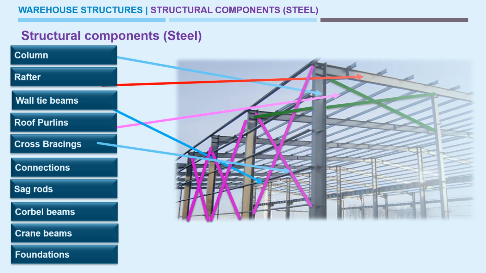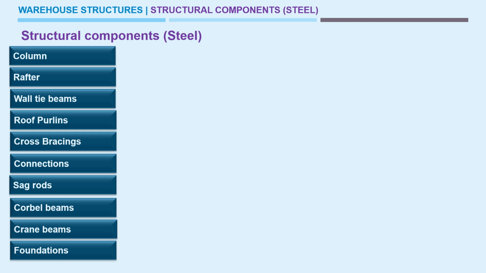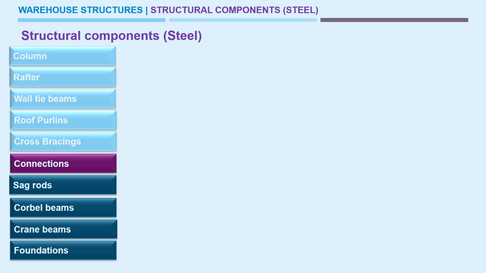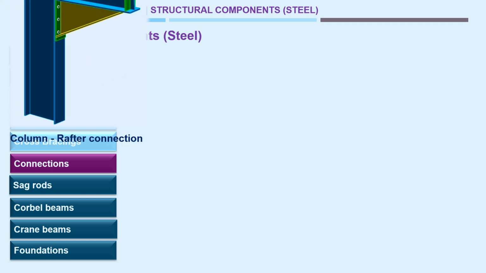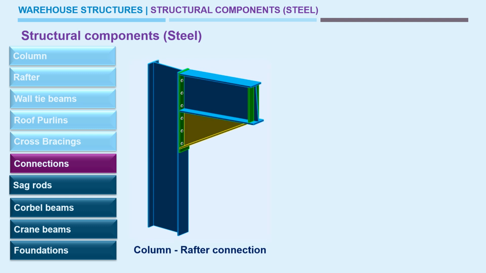Next, we can look into the connections. There are various types of connections for steel buildings according to the requirement of the members to be connected. However, we have listed 4 major connections here. The first one is the column rafter connection, which holds the rafter and the column by connecting with bolts and connection plates.